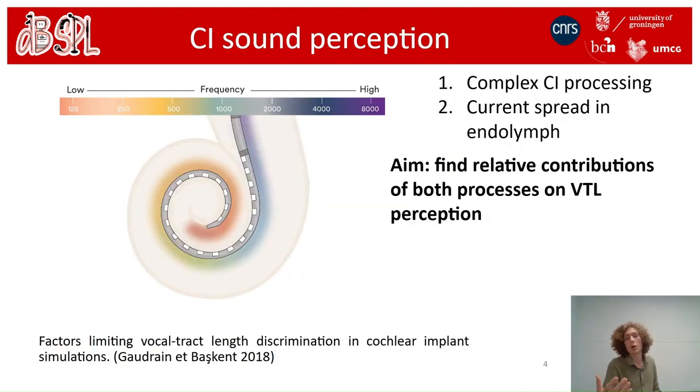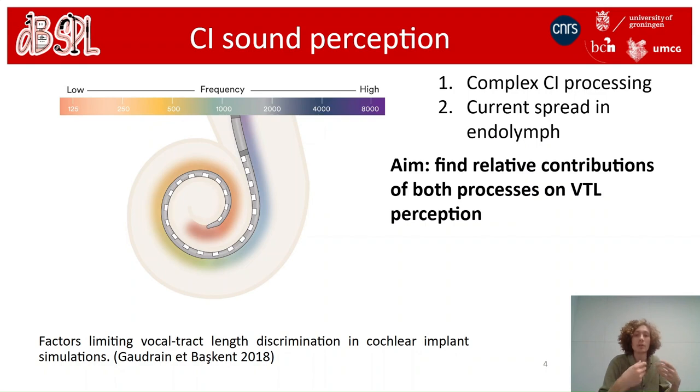In a cochlear implant, spectral information is degraded. There are two primary ways in which this is done. The first is the complex implant processing: when a sound is recorded, there's a lot of processing going on before it is turned into stimulation patterns.